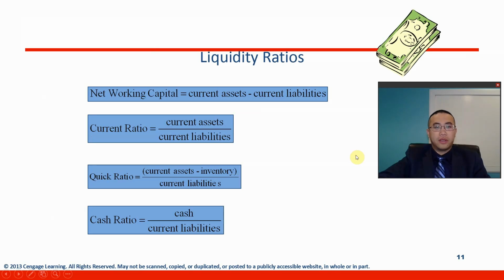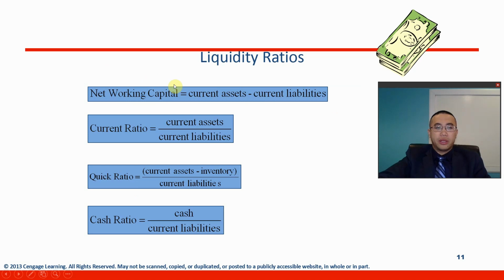So we have talked about the liquidity ratios, and we addressed current ratio and quick ratio. Quick ratio is also called acid test ratio. We also have net working capital to measure liquidity. Net working capital is current assets minus current liabilities, and this factor is measured in dollar figures.